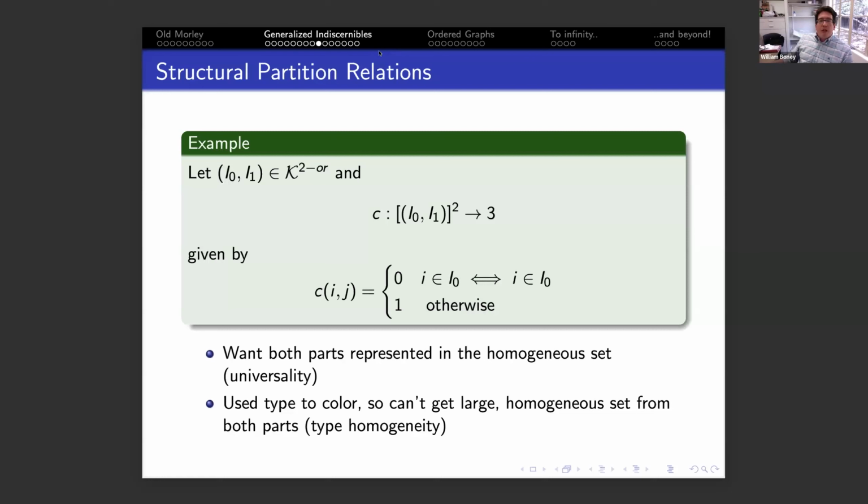So the first thing I want to say is that I want both parts to be big in the homogeneous subset. And in our definition, this is going to correspond to some degree of universality.